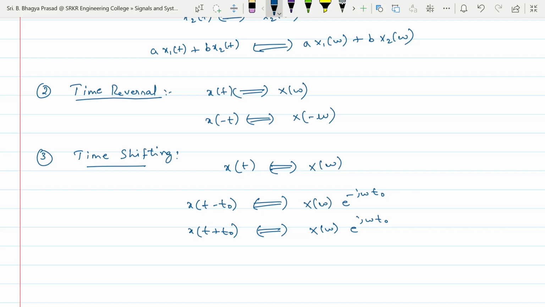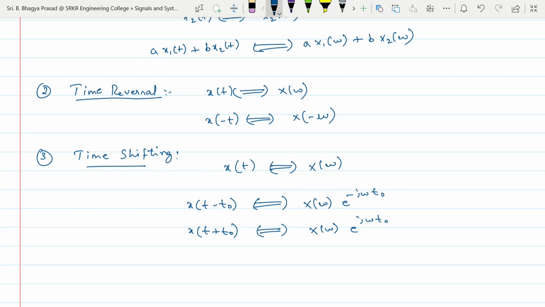Here, delaying any signal by t naught doesn't change its magnitude spectrum, whereas the phase spectrum is changed by such a value, minus omega t naught or plus omega t naught.